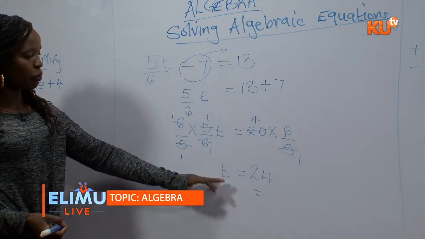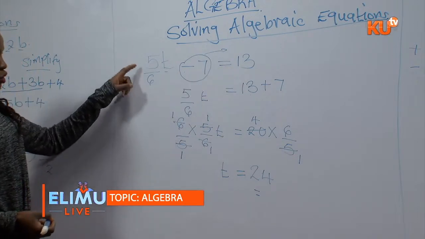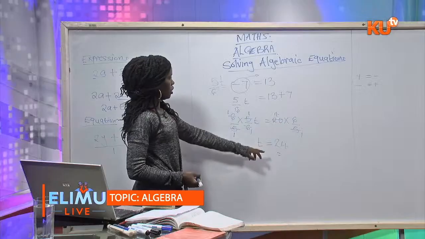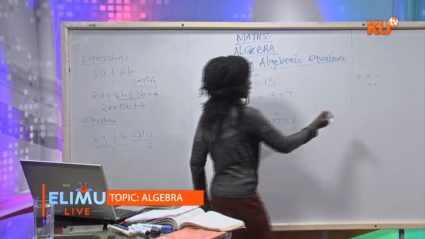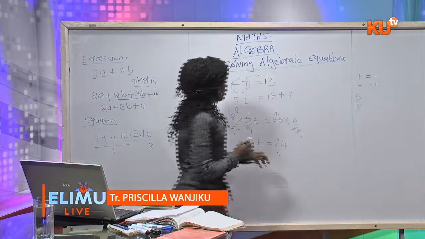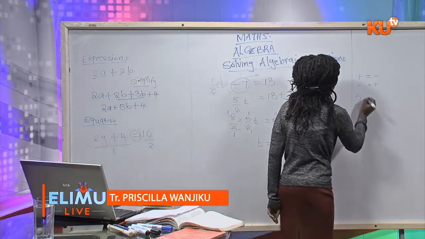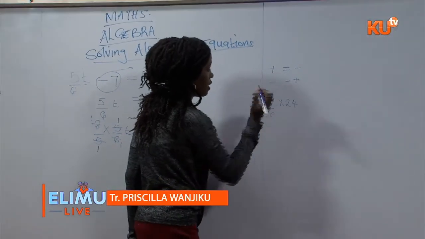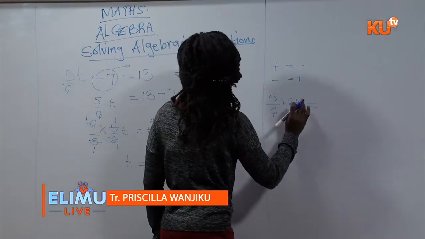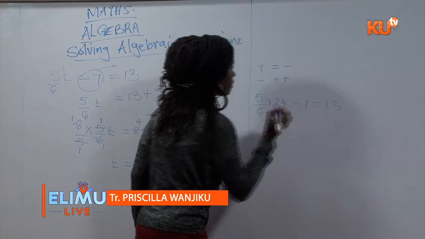If you want to prove that this side and this side are equal, you just substitute. Where we have t, you put 24. That is, if I take 5 over 6, the value of t is 24, then I multiply by 24. After I subtract 7, I should get 13.